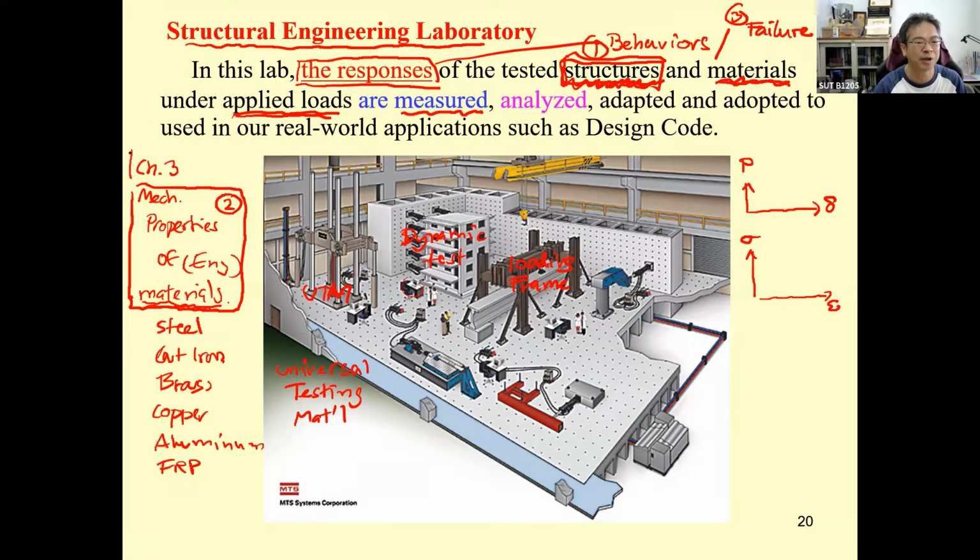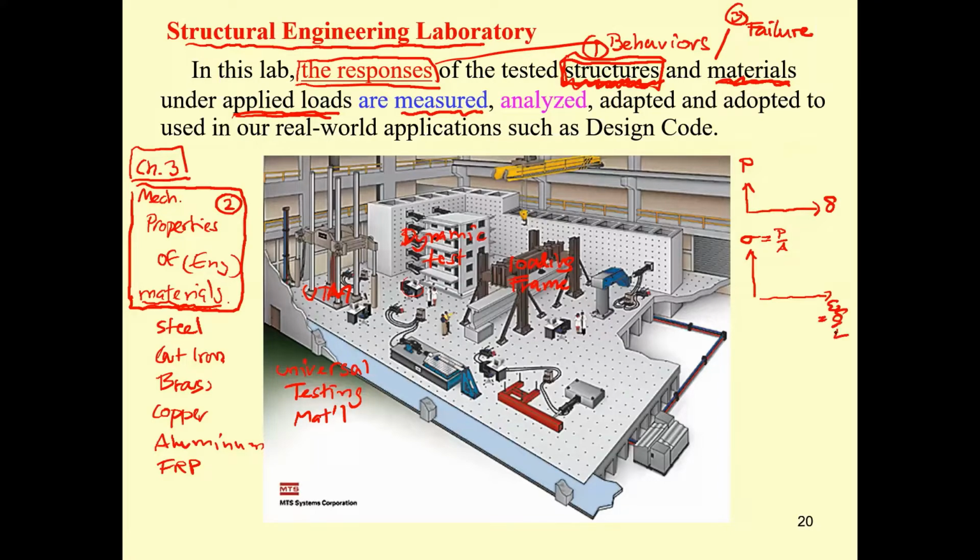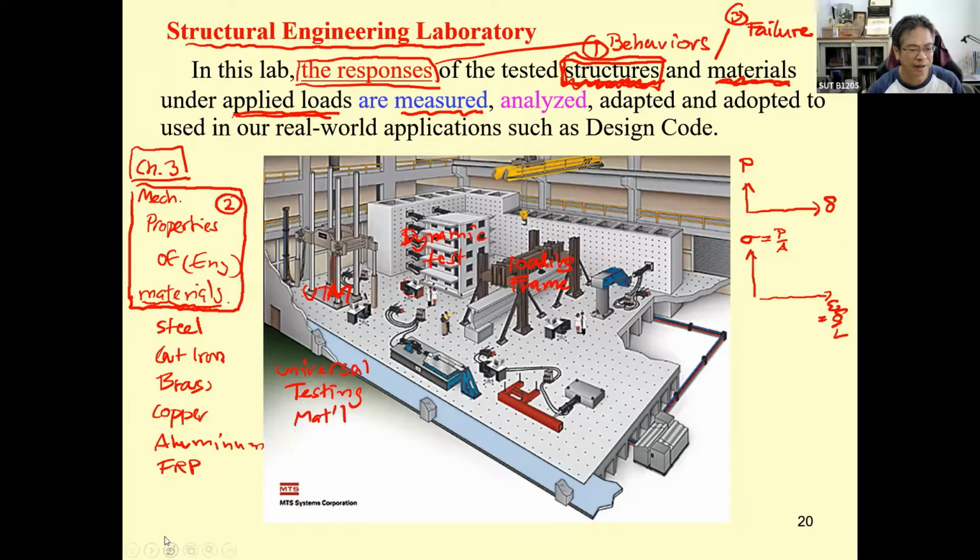In this chapter 3, we use the knowledge from the first chapter, the stress and the strain, and then we will use that knowledge to determine the mechanical property of the material. For example, if we test the steel, we will have this kind of stress strain diagram.